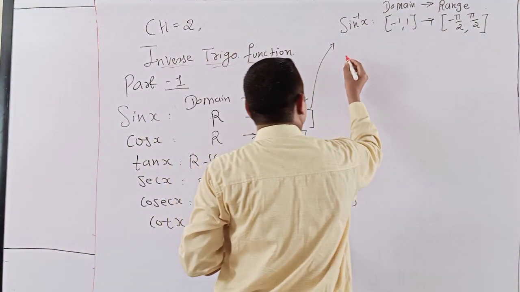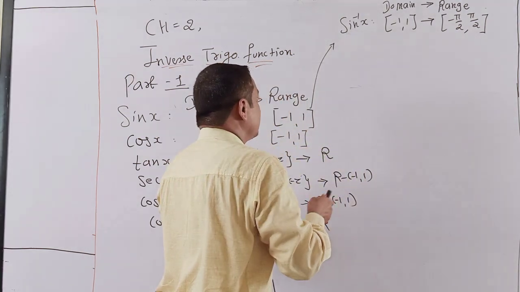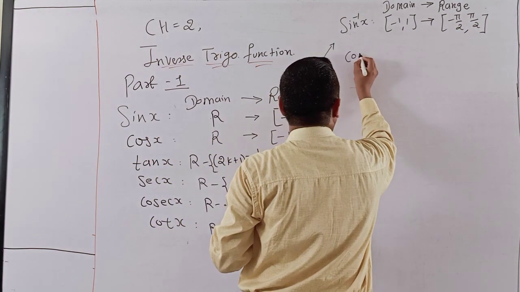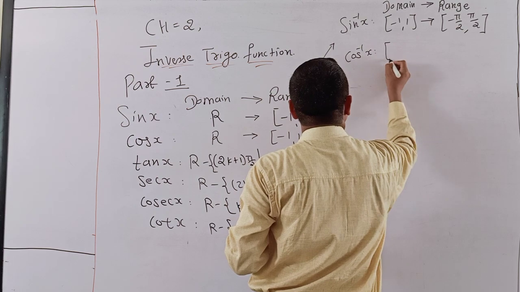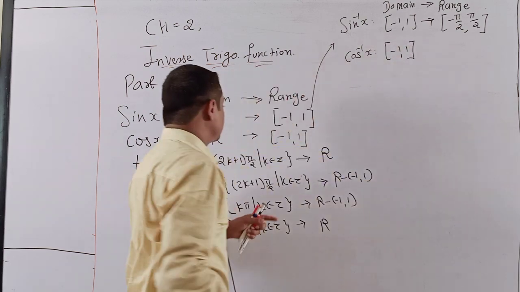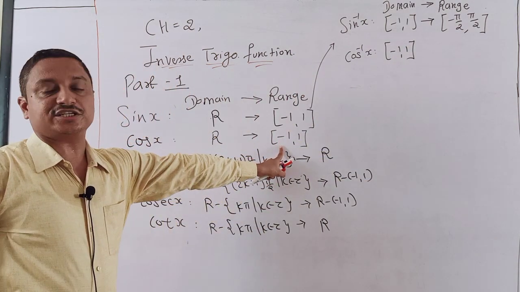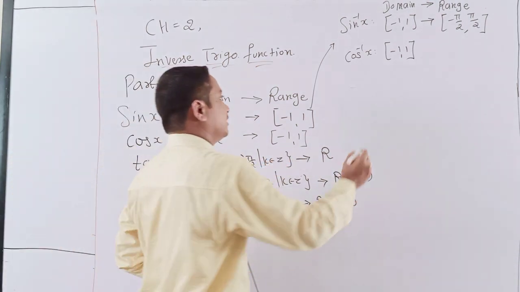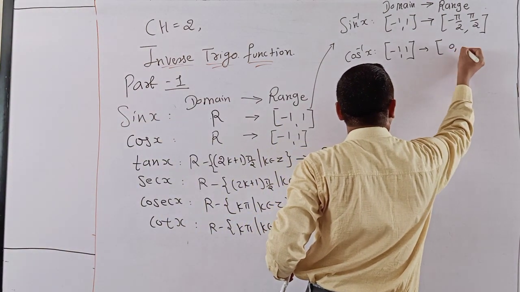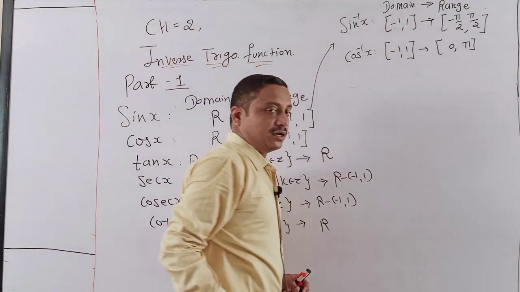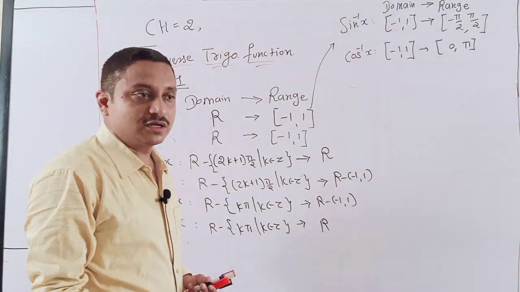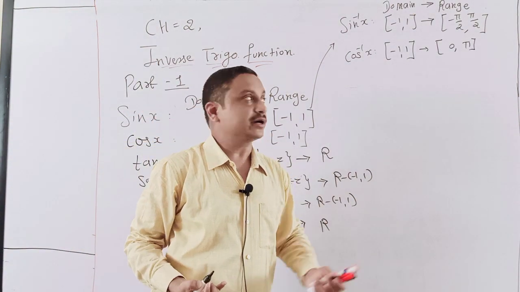Similarly, cos inverse x. Applying the inverse function, the domain is also -1 to 1 because the cos function range is -1 to 1, and the range is 0 to pi because cos 0 is 1 and cos pi is -1. So minimum to maximum are all covered in the range.